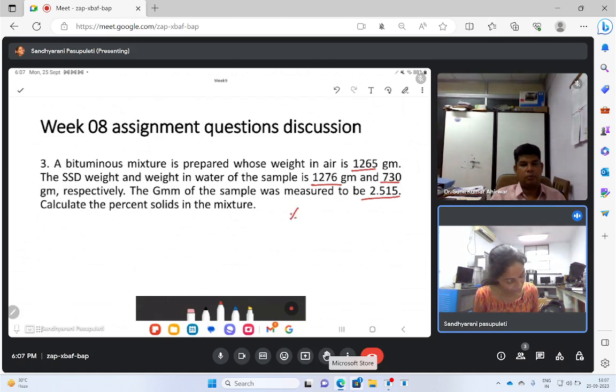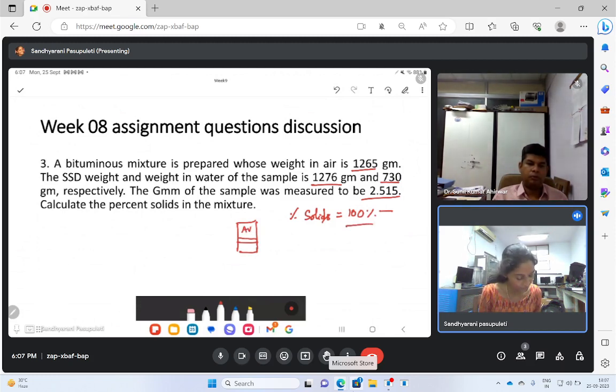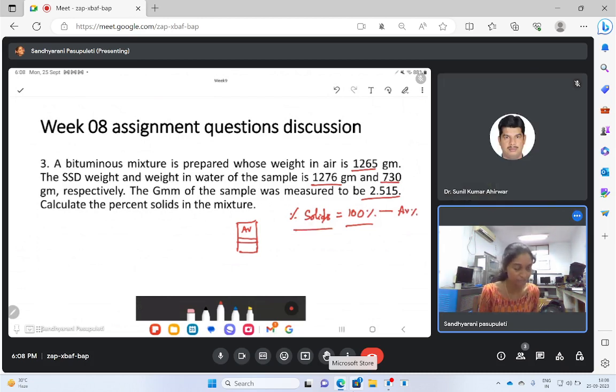When I say percentage of solids, if your total mixture is, let us say, 100%, and if we remember the phase diagram, which consists of aggregates, bitumen and air voids, then in this total mixture of 100%, if we remove the percentage of air voids, whatever remains will be the percentage of solids.